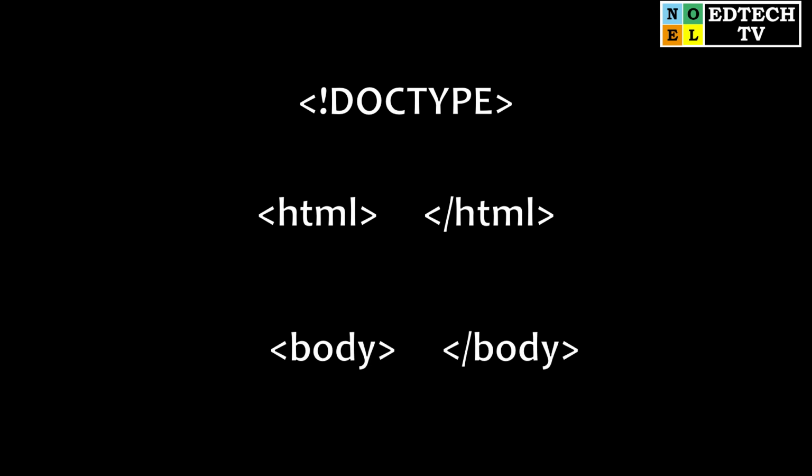The HTML document itself begins with the HTML tag and ends with the end tag of the HTML. The visible part of the HTML document is between the body tag and the end tag of the body. The title of the document appears in the tab bar of the browser.